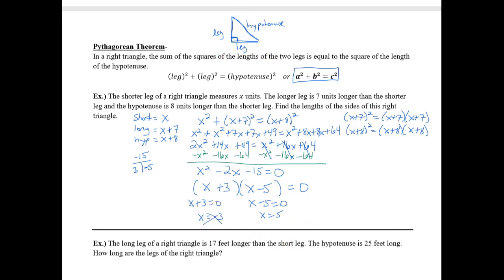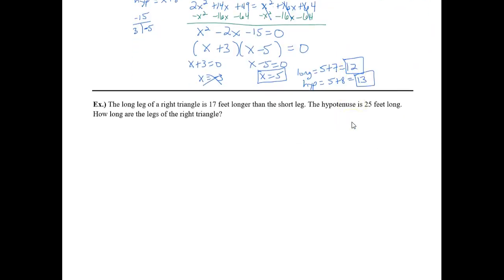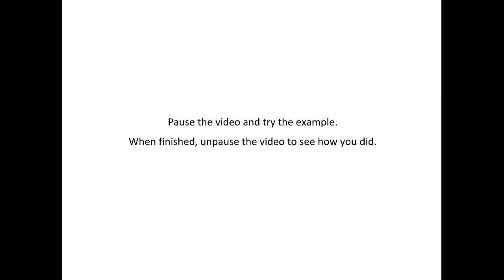I'm going to throw that one out. So that means the shorter leg is 5. The longer leg is 5 plus 7, or 12. And the hypotenuse will be 5 plus 8, or 13 units. So the side lengths of that right triangle are 5, 12, and 13. Go ahead and try the next example.